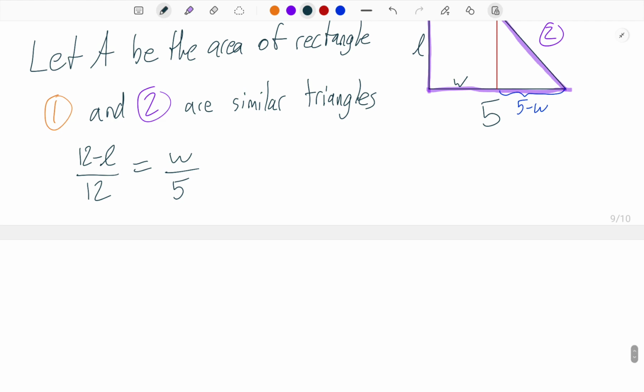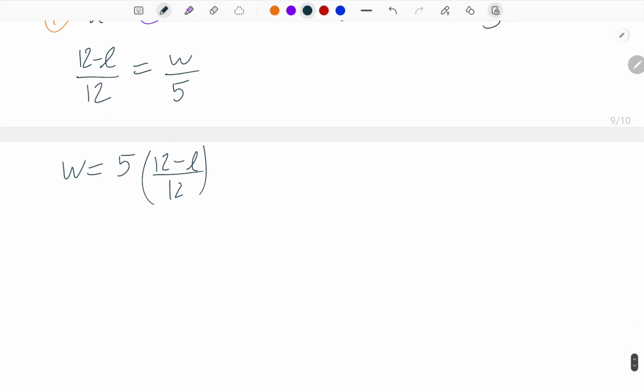So we've got a ratio, and from there we can basically solve for one in terms of the other. So I could get what is W in terms of L. Quickly rearranging that, I'll just move the 5 over. I'll just do this in 2 steps. Let's just multiply the 5 in. So it's just going to be 60 minus 5L over 12. So there we have it.